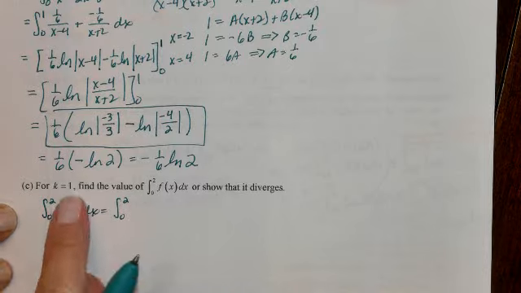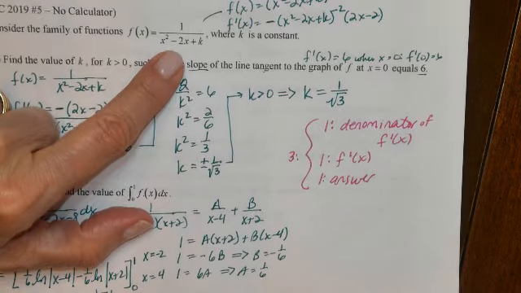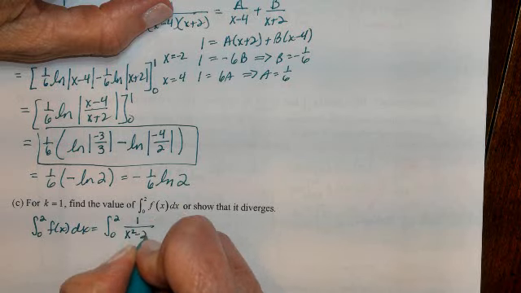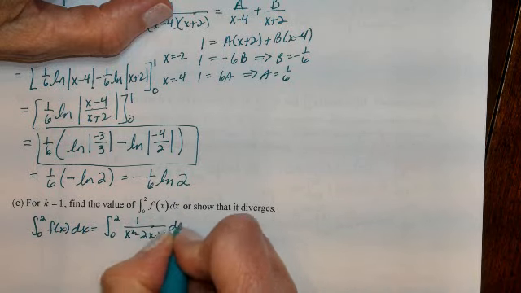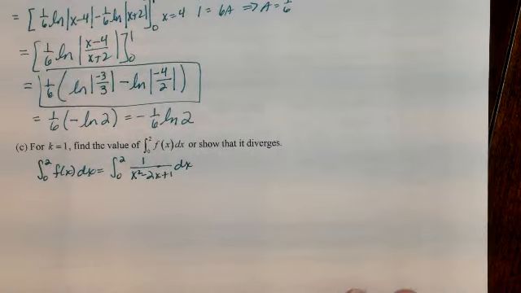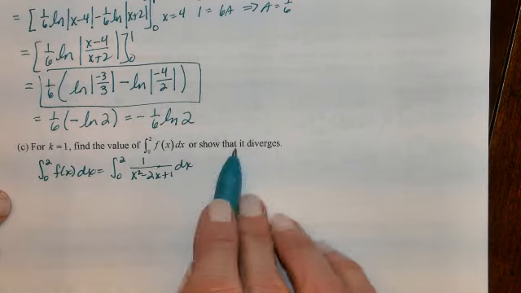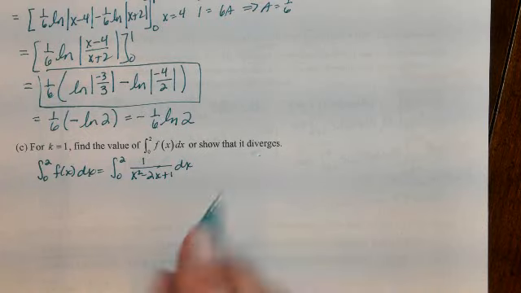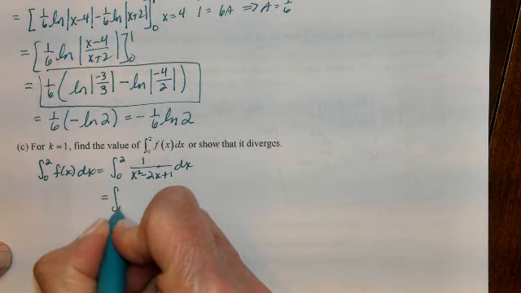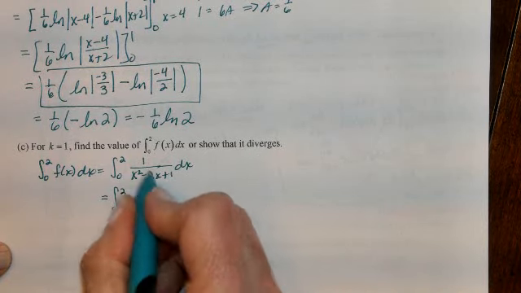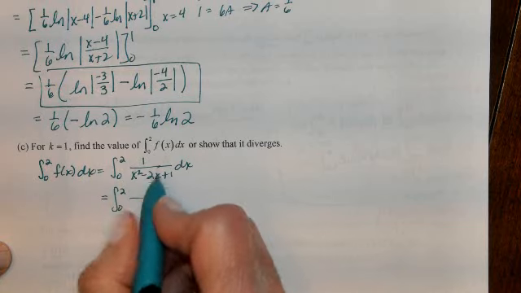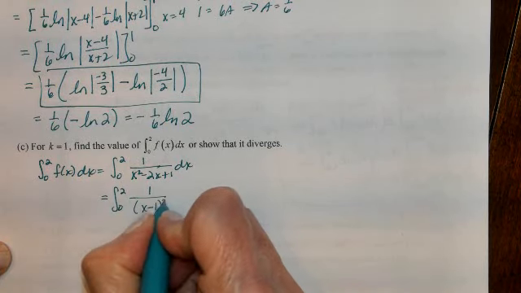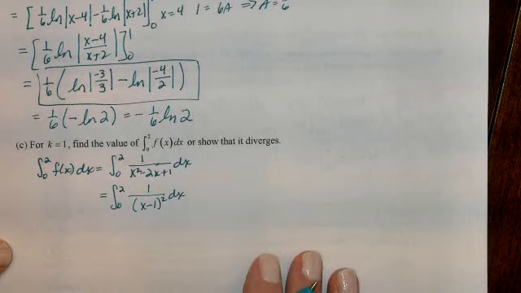I'm putting in 1 for k up here in my function. So 1 over x squared minus 2x plus 1 dx. Because they tell me this, I'm thinking something funny might be happening here. When we factor the bottom, it factors into x minus 1 squared.